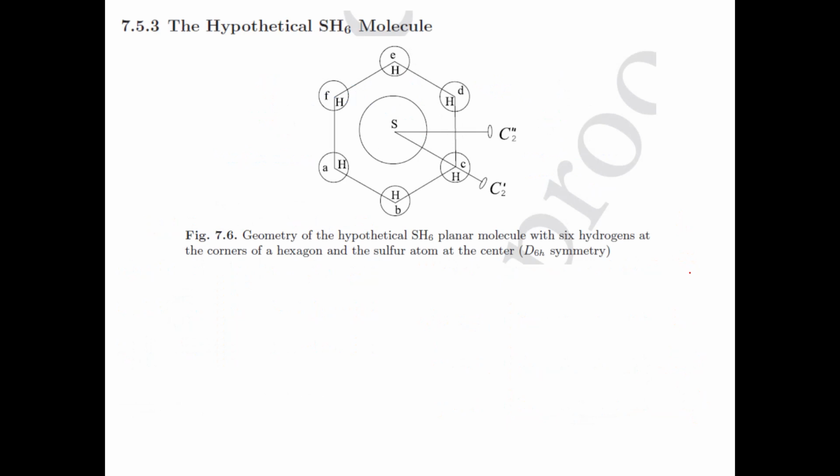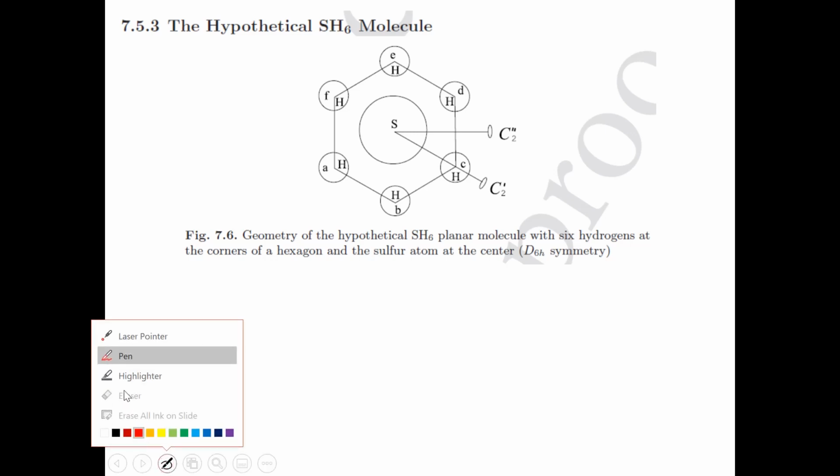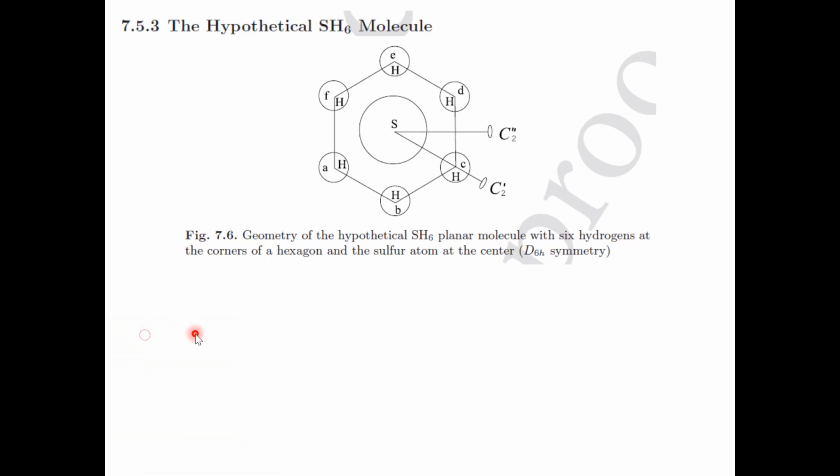Okay, so let's move on. Let's consider now the hypothetical SH6 molecule. So 6 hydrogen atoms around a single sulfur atom.